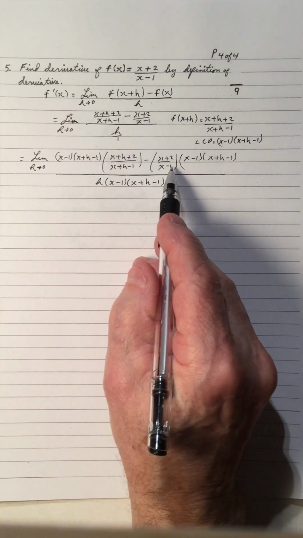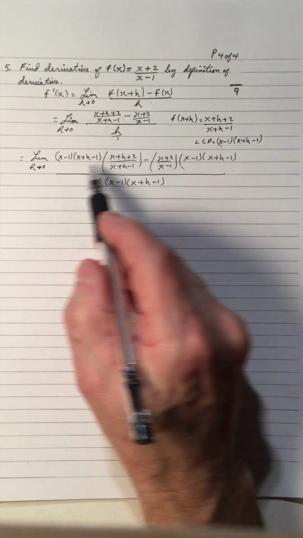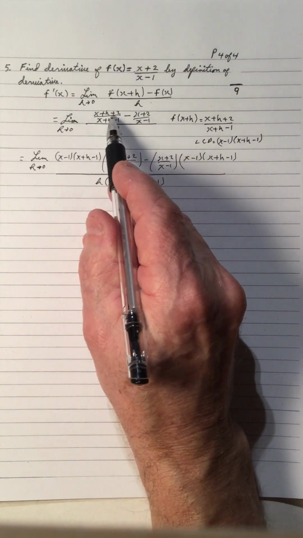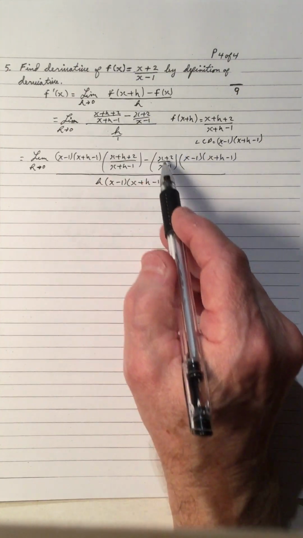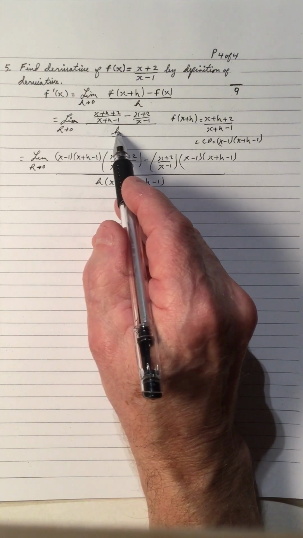So all this writing, what I did, I took the LCD and multiplied by this fraction, the LCD by this fraction, and the LCD by h.